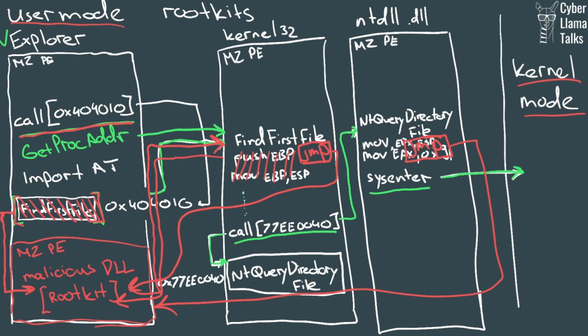And this is just one example. Of course, FindFirstFile and NtQueryDirectoryFile are not the only APIs and NT calls which can be hijacked and filtered. Pretty much a rootkit can hijack any API in a similar way. So there are multiple different ways, all depending on the sophistication of the rootkit, but that's pretty much how user mode rootkits work. Again, they work on a per-process basis, meaning each process has to have a user mode rootkit injected into it.